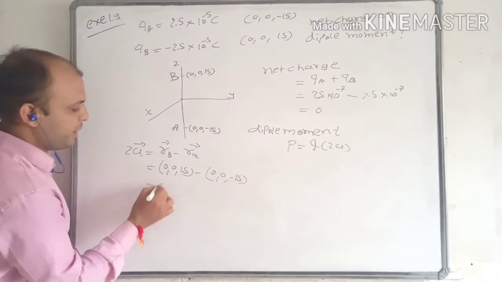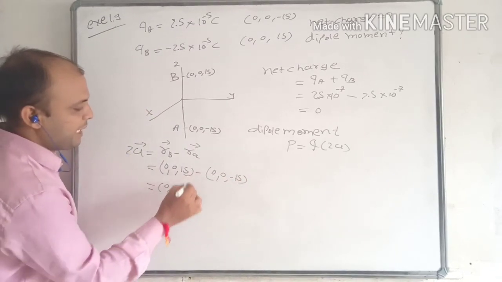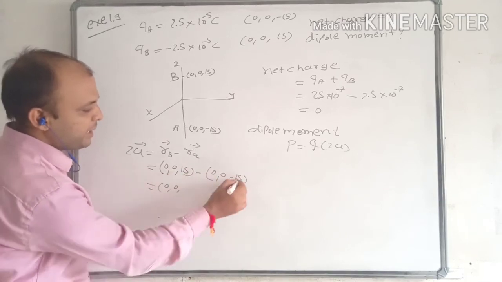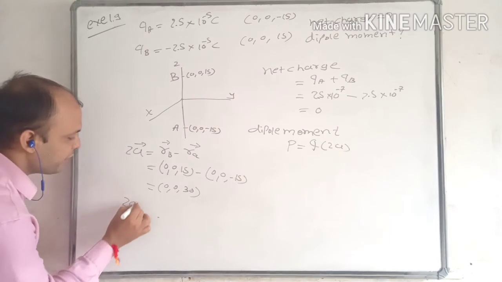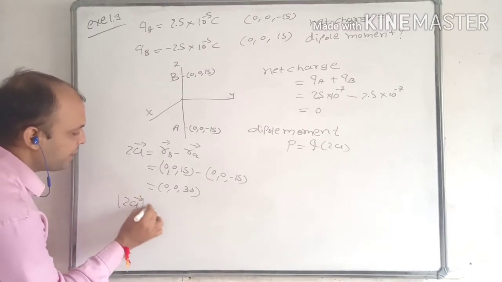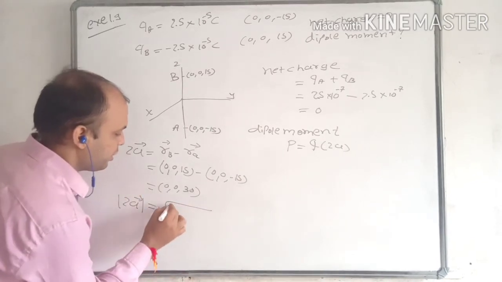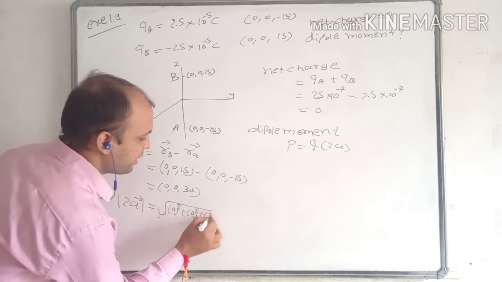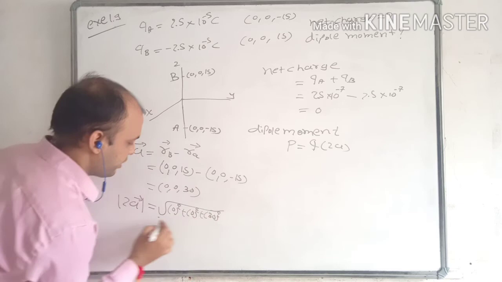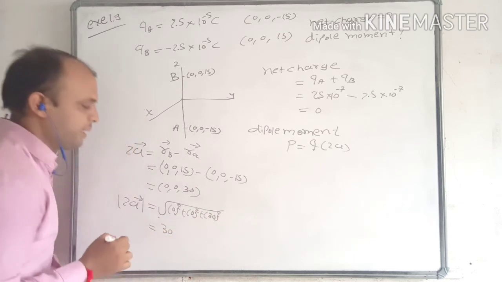So the answer will be 0, 0, and 15 minus minus, plus 30. So the value of 2A is under root 0 square plus 0 square plus 30 square. Okay, so the answer will be 30.